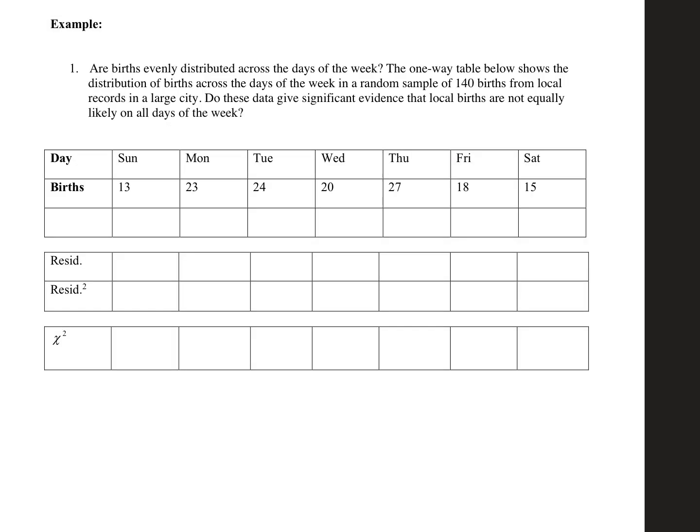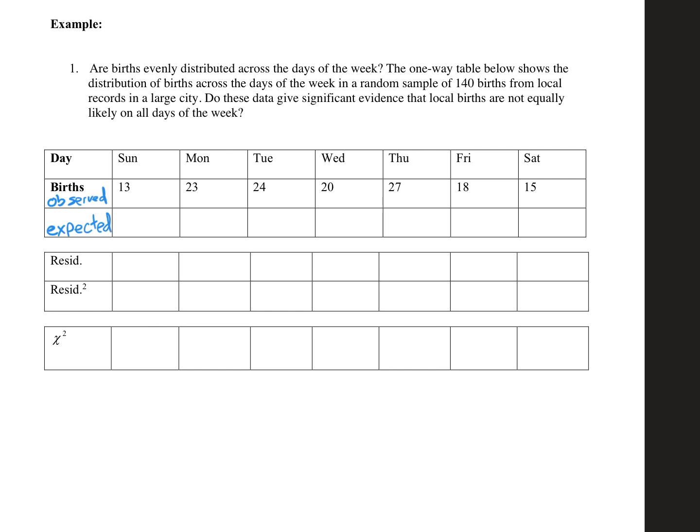Our example on the back is asking if births are evenly distributed across the days of the week. All right, so we have a table, and they don't use the word specifically here, but these are observed numbers of births. And so what we want to do is compare that to the expected number of births.